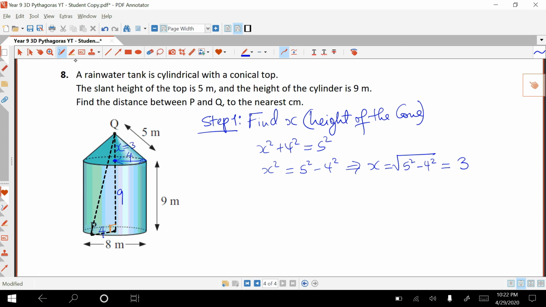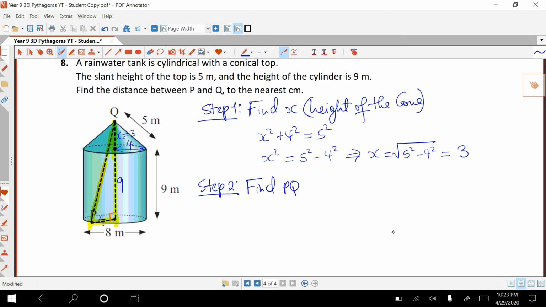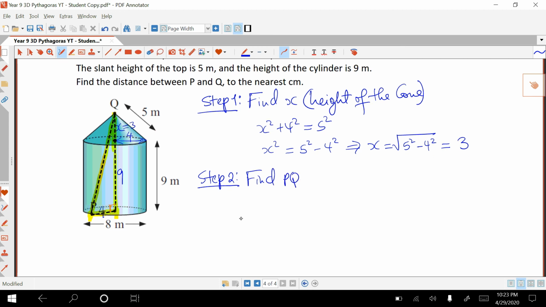So basically what we want to do is to consider this triangle here and use it to find PQ. So that will be my step 2. So step 2, find PQ. And to find PQ, what you're going to do is to consider that triangle that I highlighted. This is 4, and the entire height is 9 plus 3, which is 12.